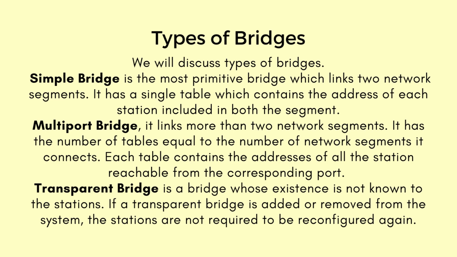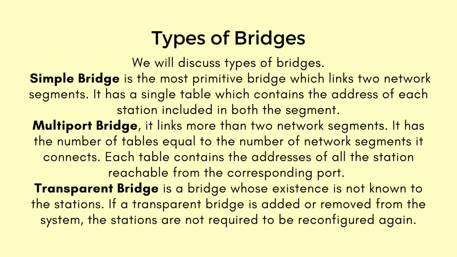Types of bridges. We will discuss types of bridges. Simple bridge is the most primitive bridge, which links two network segments. It has a single table which contains the address of each station included in both segments.